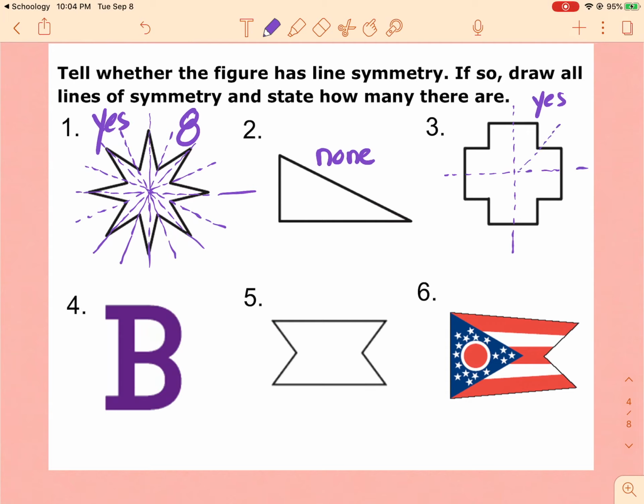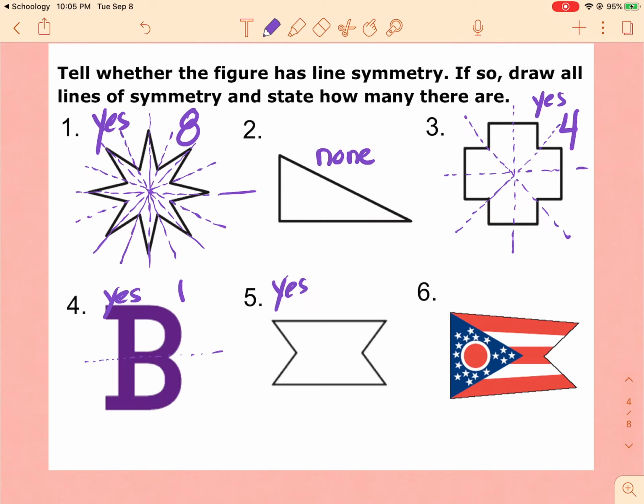And I'd also be able to right here and right here, having a total of 4. On number 4, I think you would agree that we're only going to have 1, and it's right there.